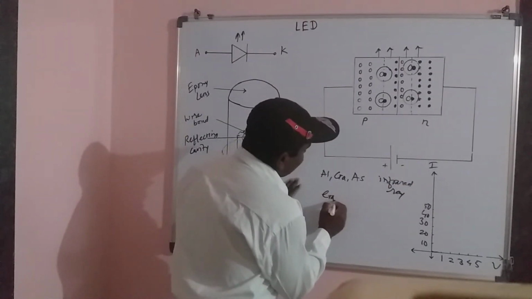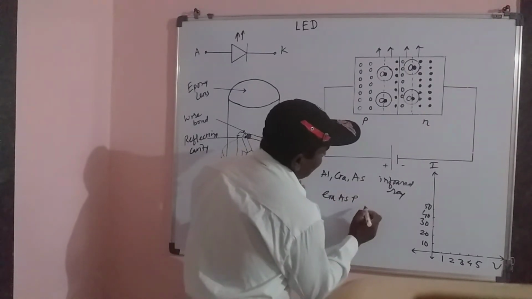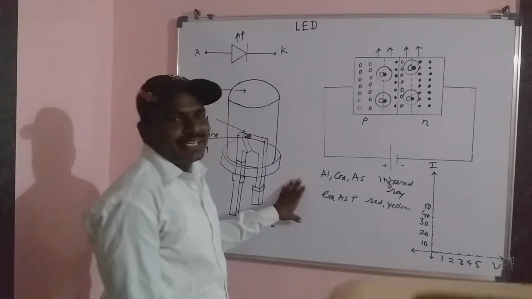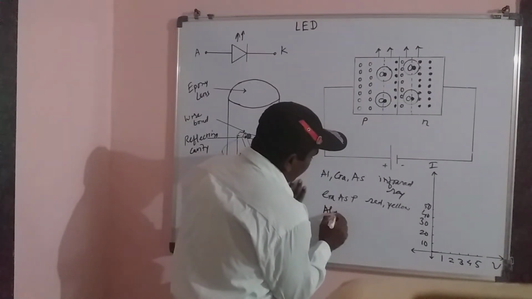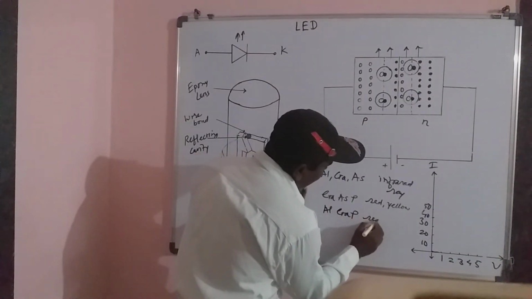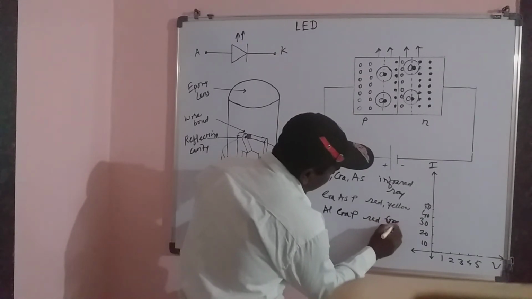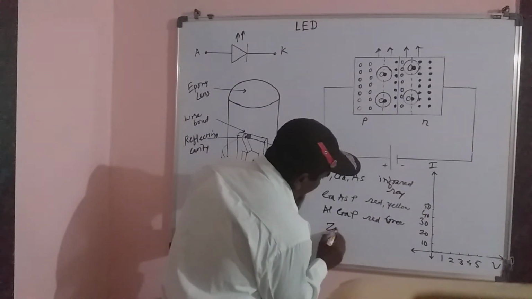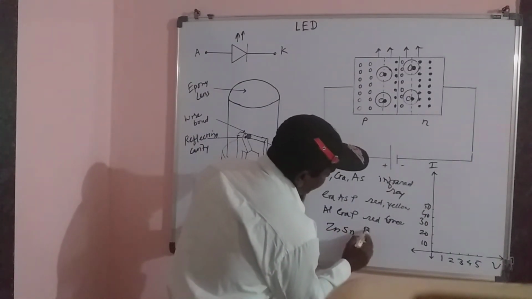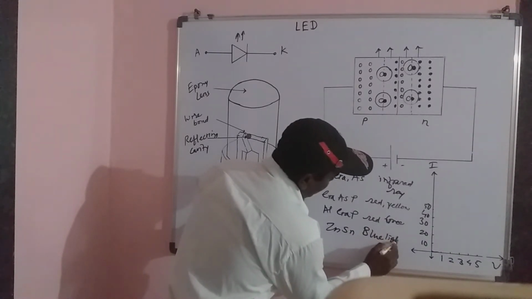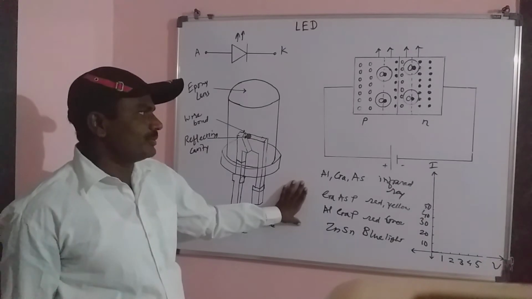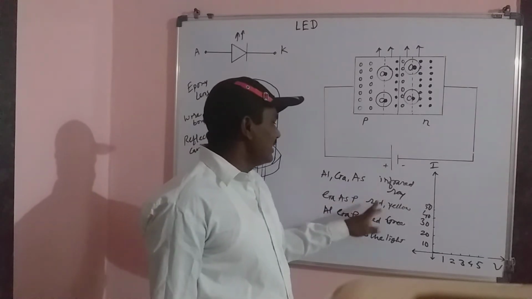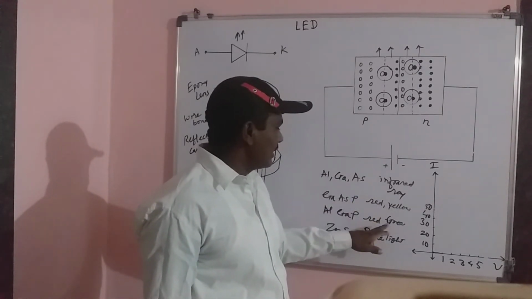Gallium arsenide phosphide gives red and yellow LEDs. Aluminium gallium phosphide gives red and green LEDs. Zinc selenide gives a blue light from that diode. These are the combinations from which we get infrared rays, red light, green light or blue light.